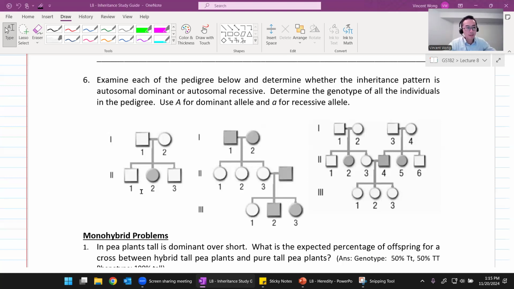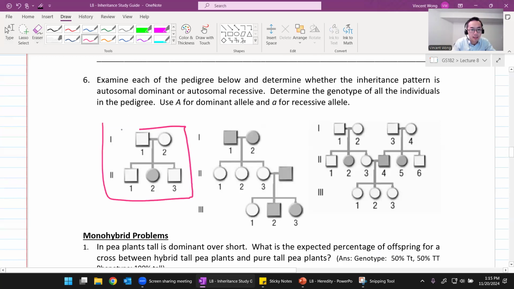All right, what is the first one? Anybody? These are three separate families. What's the inheritance pattern for the trait of interest in this first case? Let's do a poll. We haven't done those for a while. A for dominant, B for recessive, and then there is always the not sure button if you want to use that.